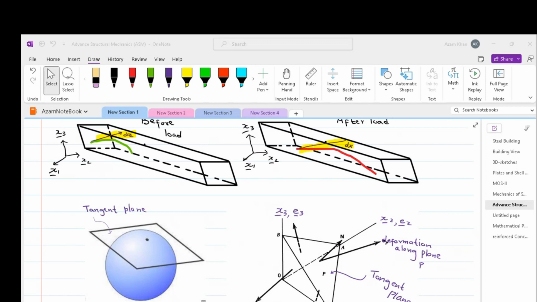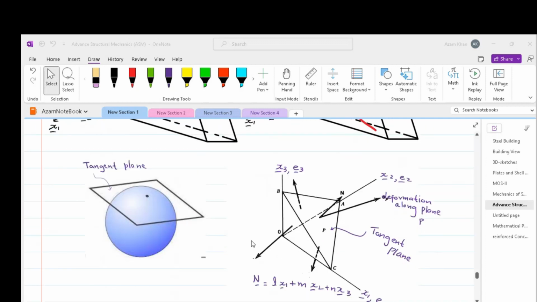Now consider that we want to find out the strain vector on an arbitrary oblique plane P. So we take the tangent plane and try to cut our sphere with an arbitrary oblique plane. For clarity, we can now show this system in the form of a prism.